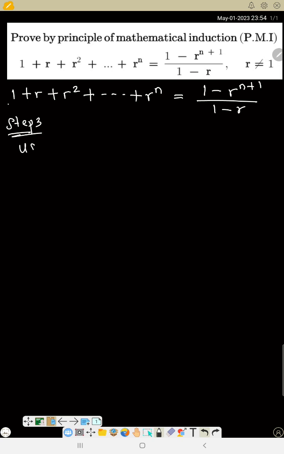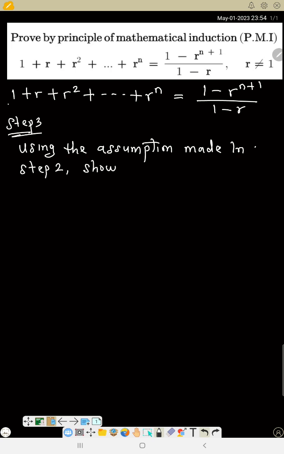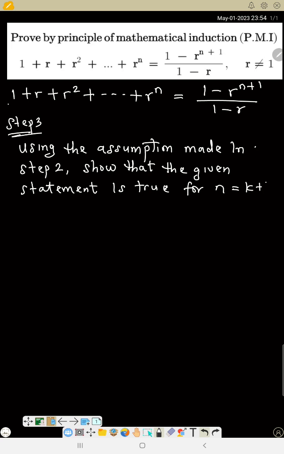So now step 3, using the assumption made in step 2, show that the given statement is true for n equals to k plus 1.